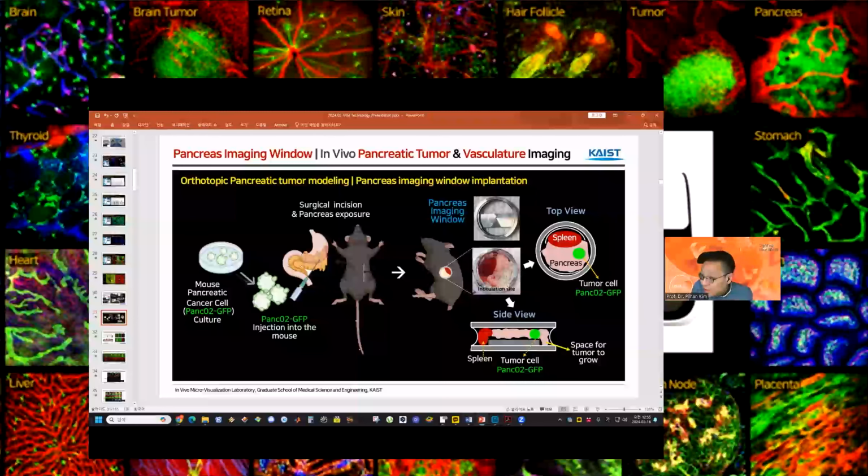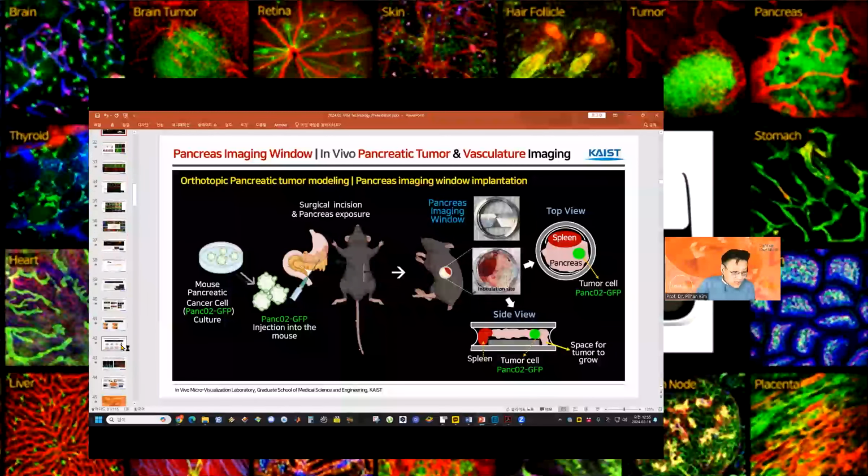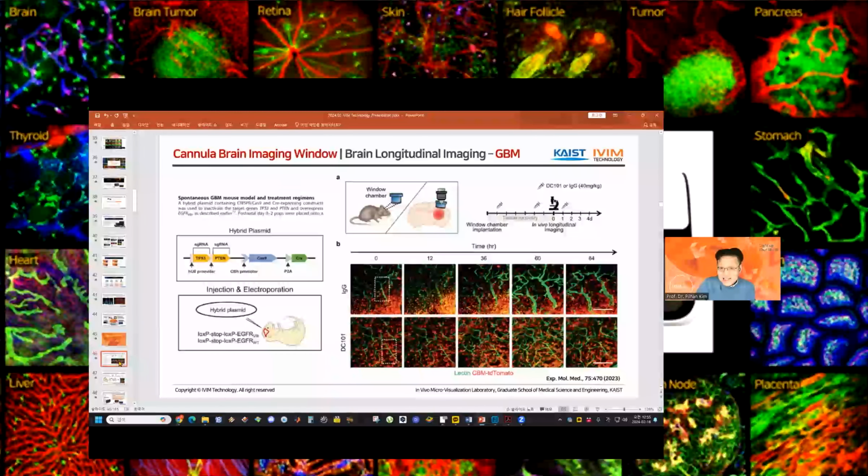Okay, and then the next question is, it's a long question, but at the end, can we image the hippocampus after exposing the brain? Yes, we can actually. There is already one very nicely developed technique. It looks like this. We can aspirate the brain cortex and then insert this cannula-shaped imaging window.